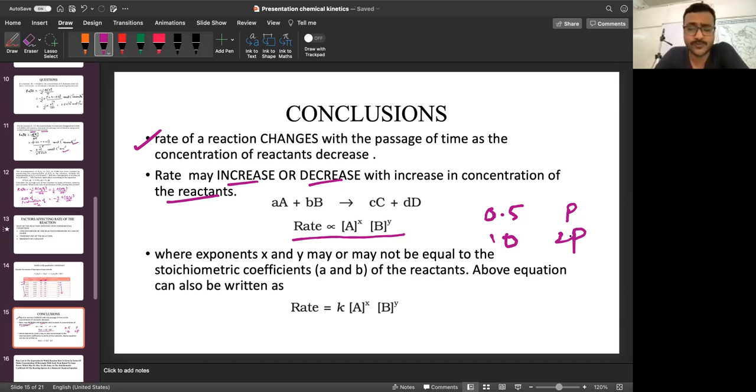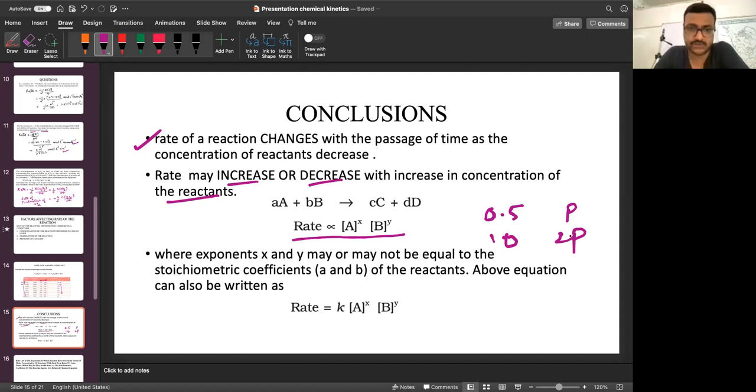Suppose for any reaction, on increasing the concentration of a particular reactant, the rate of the reaction decreases, then x or y must be a negative value, because the concentration change is affecting the rate in the backward direction. So these x and y are the experimental parameters, and we call them the order of the reactant.